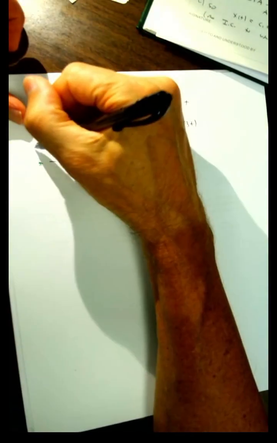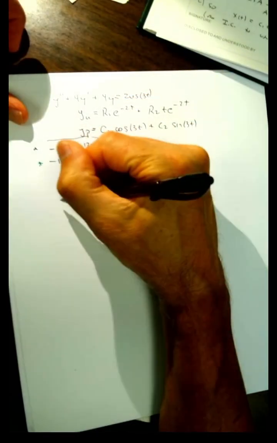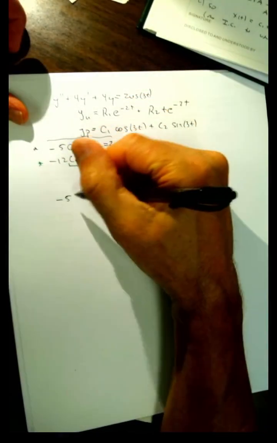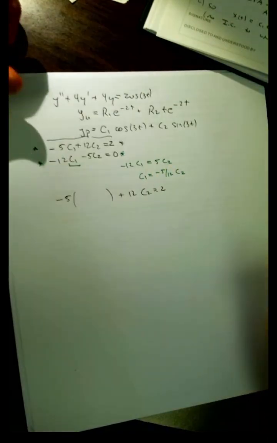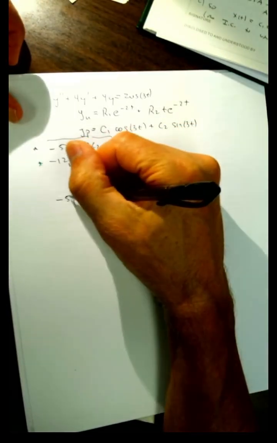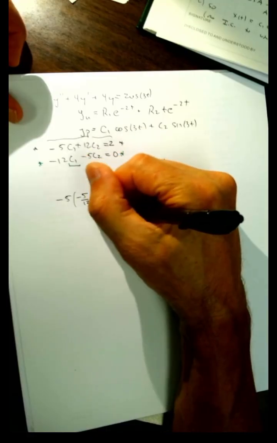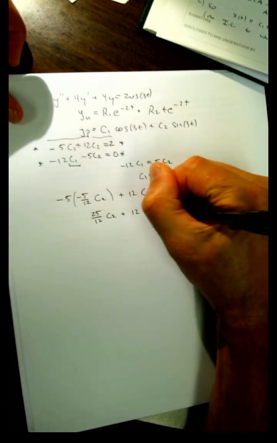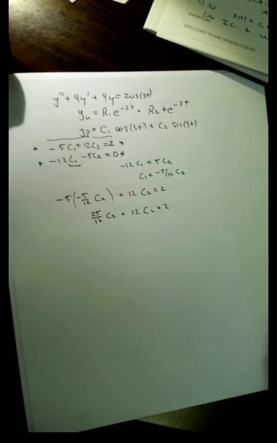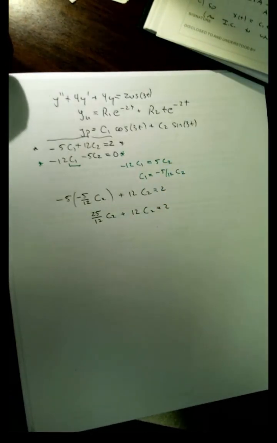Now I'm going to use the first equation. I have minus 5 times c1 plus 12c2 is 2. But I know that c1 is minus 5/12 c2. So if I multiply this through, I get minus 5 times minus 5/12, I get 25/12 c2 plus 12c2 is 2. Great. I'm going to need a common denominator.